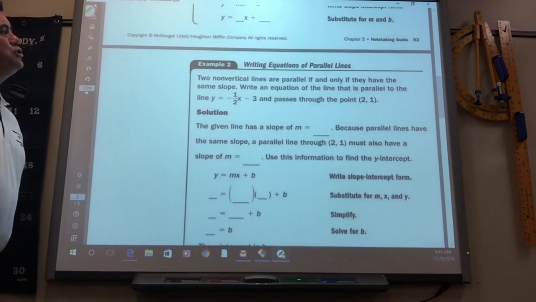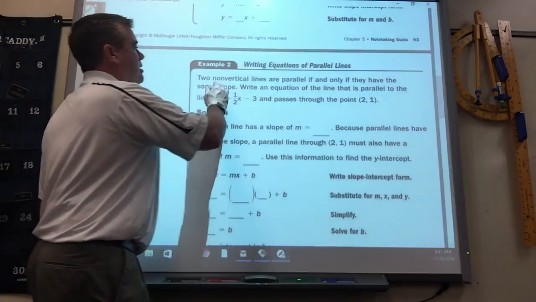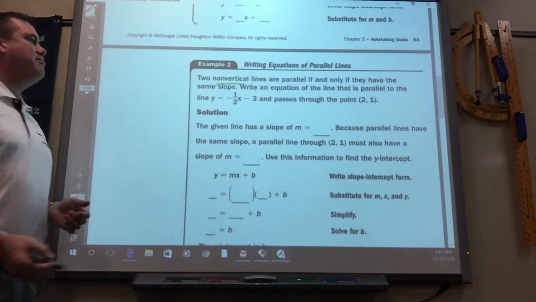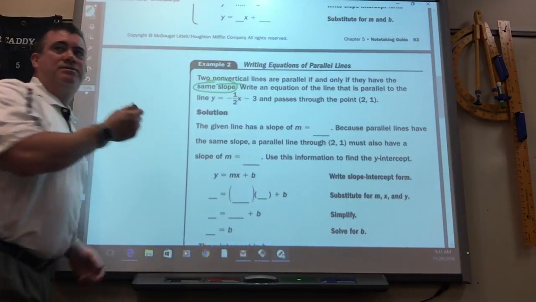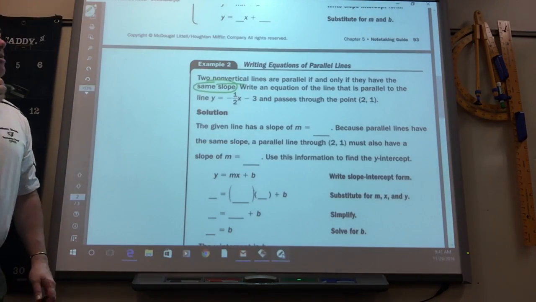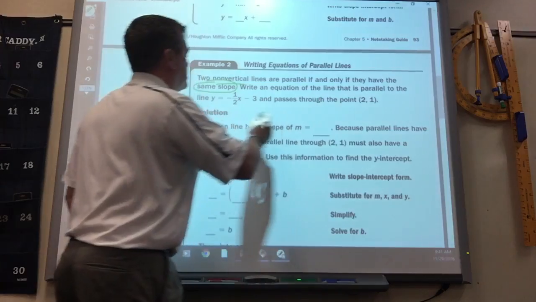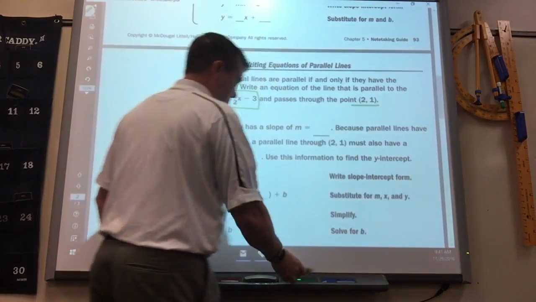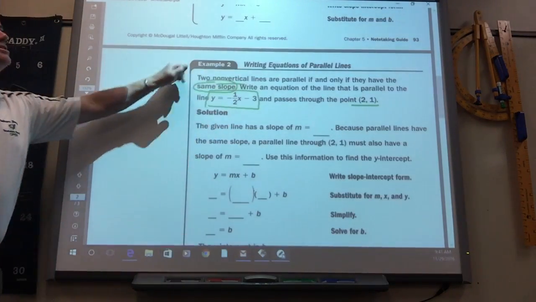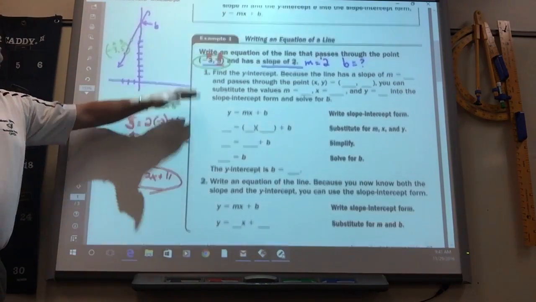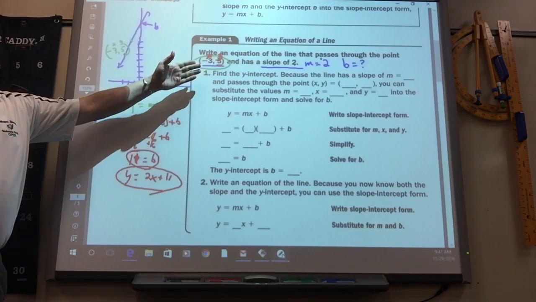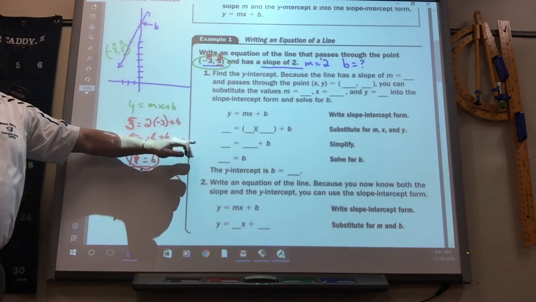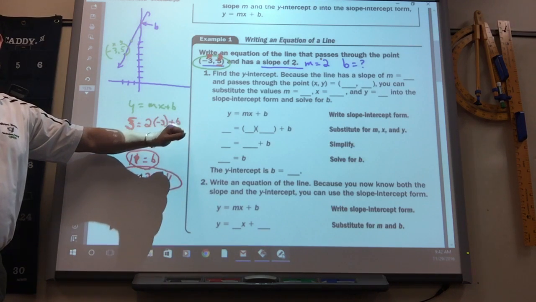Okay. 2 non-vertical lines, non-vertical means they don't go straight up and down, are parallel if they have the same slope. We did that in the last chapter. Write the equation of a line that's parallel to this one and passes through this. This problem is exactly the same as this one that we just did. We'll just wait for everyone to pay attention so you know how to do this.